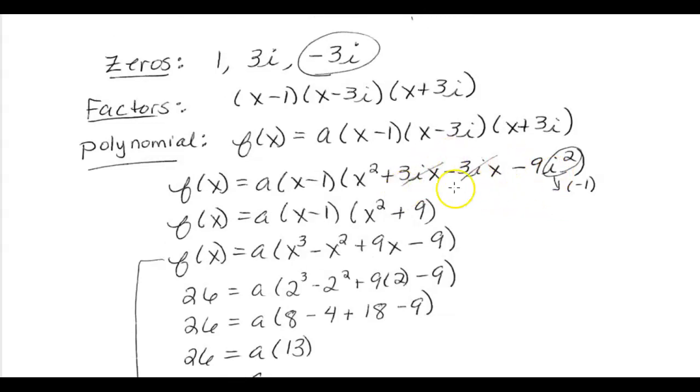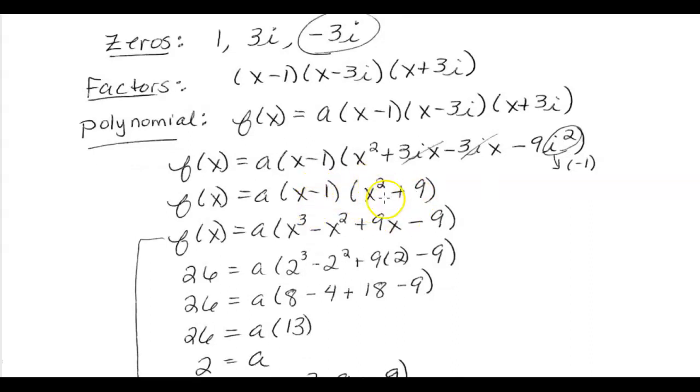Notice the middle terms cancel out because they're opposites. And then this term that has an i squared, there's a definition of i squared. i squared always equals the number negative 1. So this is negative 9 times negative 1, which is plus 9. So if these drop out, and this means plus 9 on the end, all you have left inside of there is x squared plus 9.